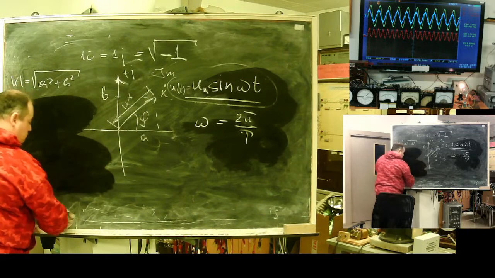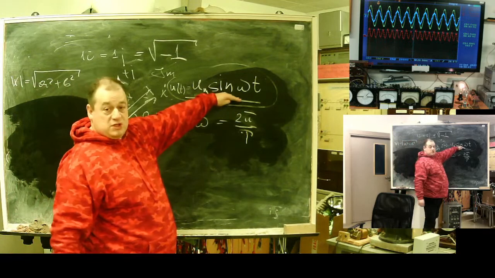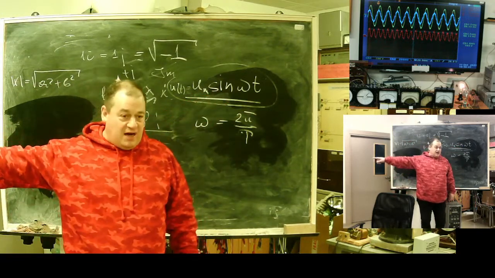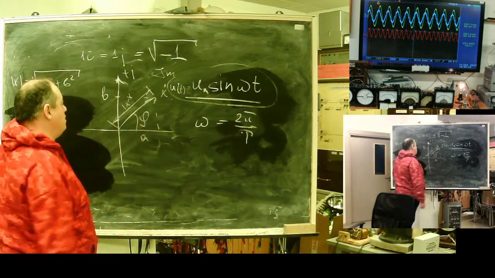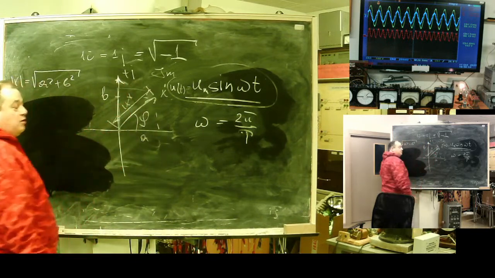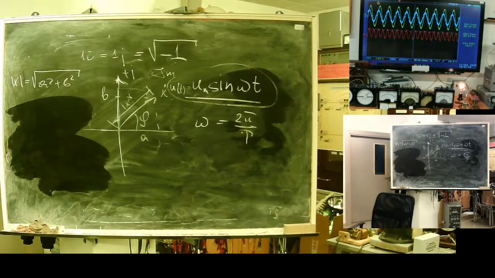Let's assume that this voltage, the real voltage, which I will feel if I put my fingers here, is a projection onto the imaginary axis of some vector. Here goes up the imaginary axis.